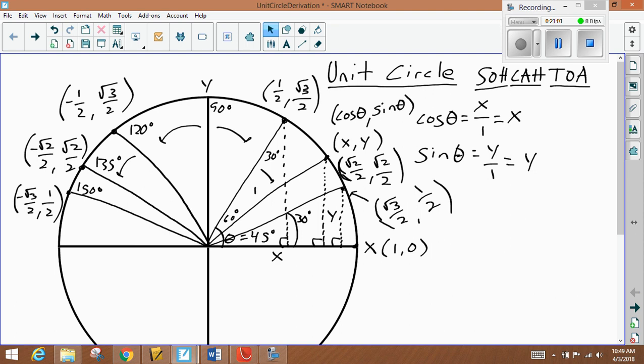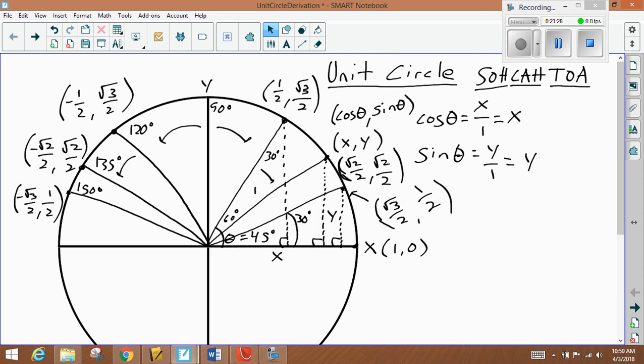So what's your y coordinate at 135 degrees? It's root 2 over 2. If I was to say, what is cosine of 120 degrees? We're looking at the x coordinate at 120 degrees, and that would be negative 1/2.